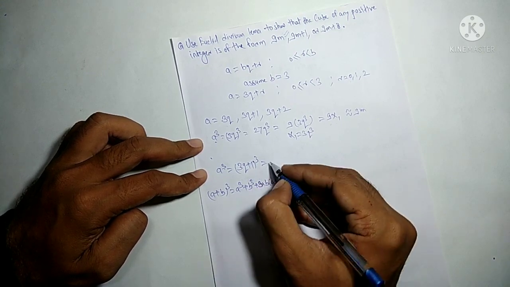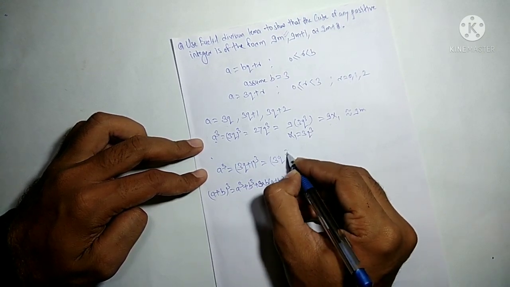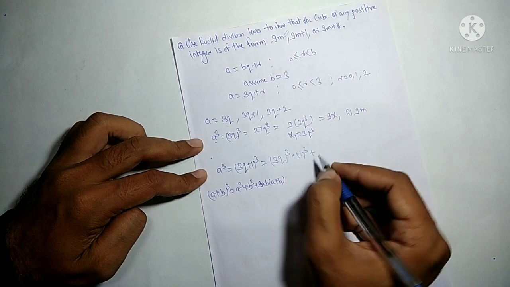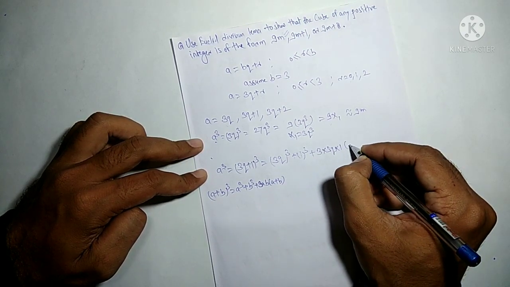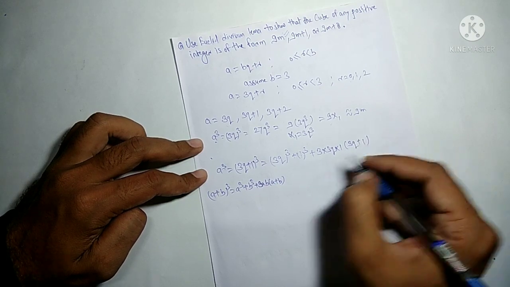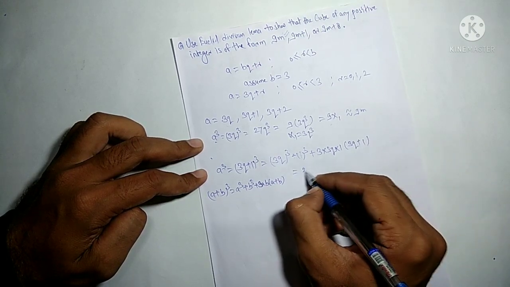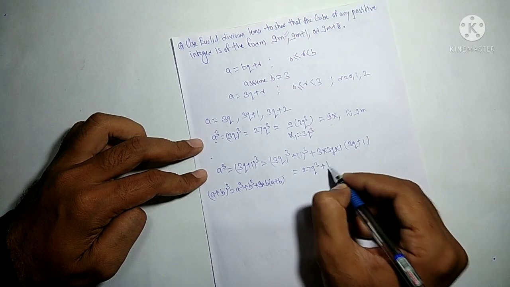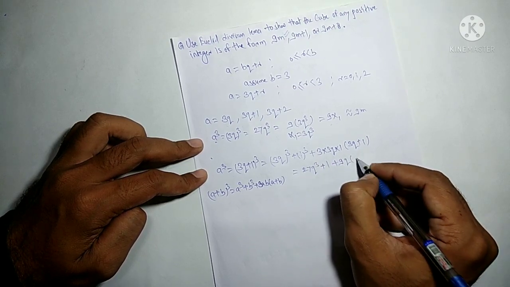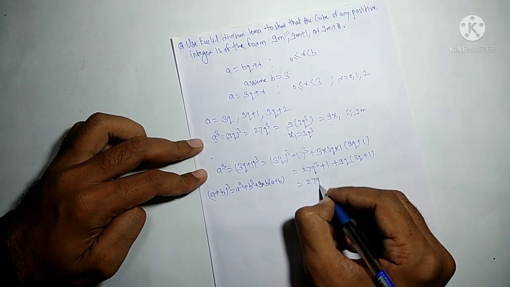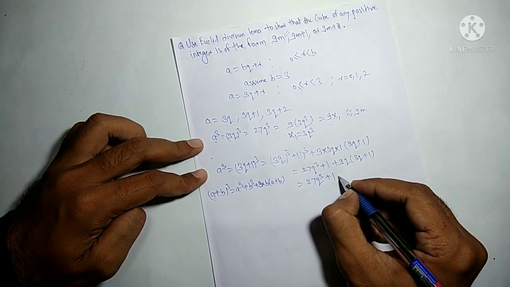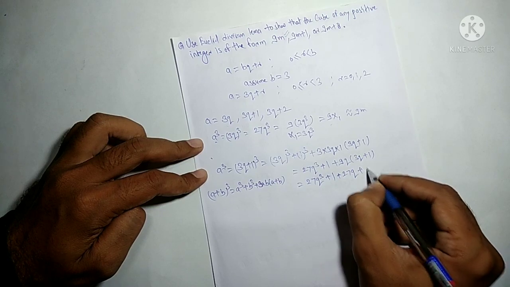Okay, we apply this formula here: (3q) cube plus 1 cube plus 3 into 3q into 1 into (3q plus 1). Then what we find here: 27q cube plus 1 plus 9q(3q plus 1). Okay, 27q cube plus 1, 27q cube plus 9q.